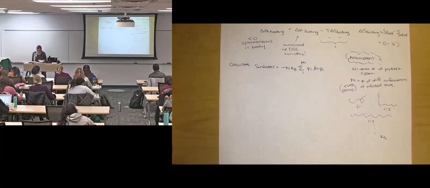Okay? And the last assumption we make is to let p sub i be equal to 1 over n sub c, essentially meaning that each unfolded state is equally likely and equal energetically.